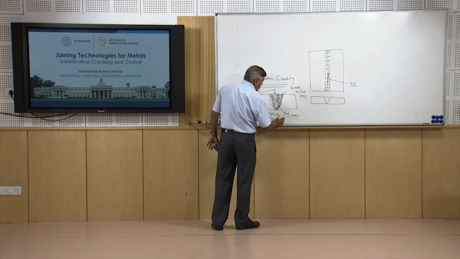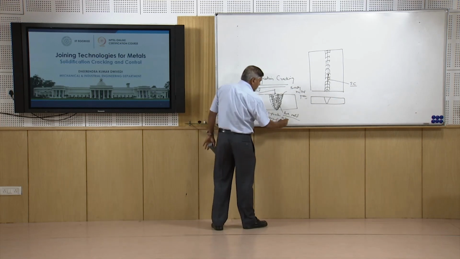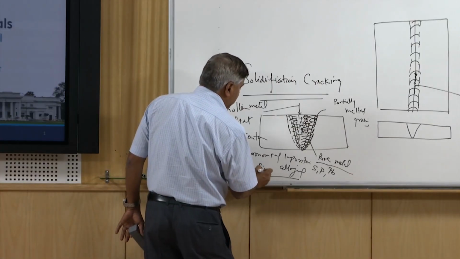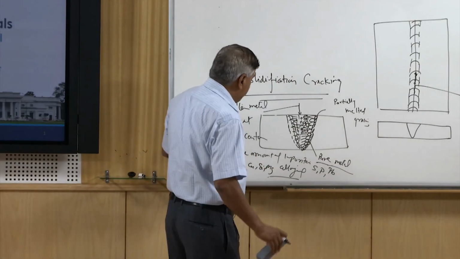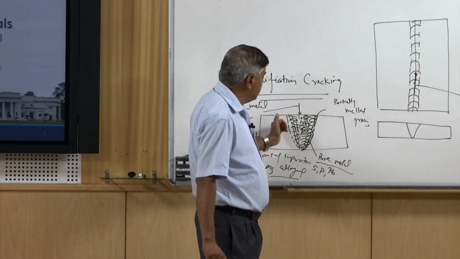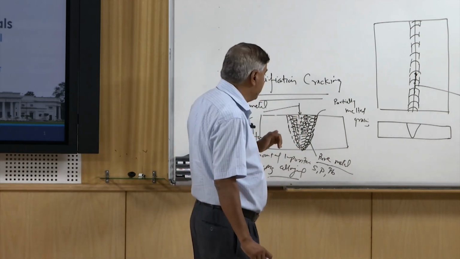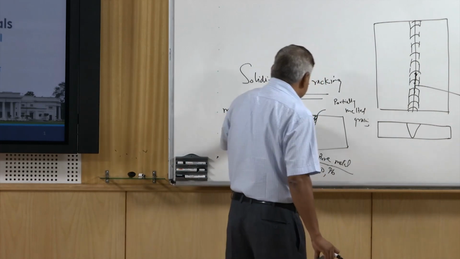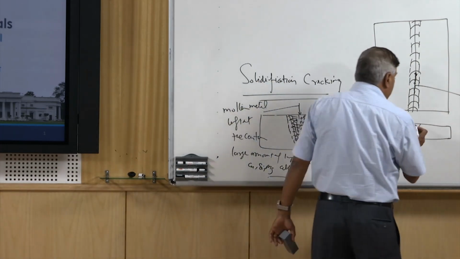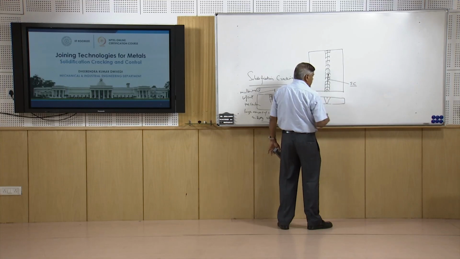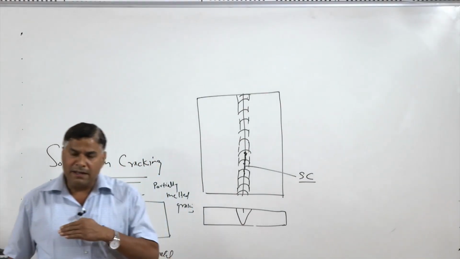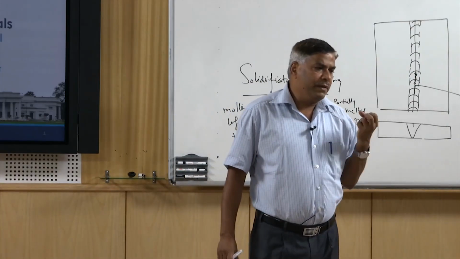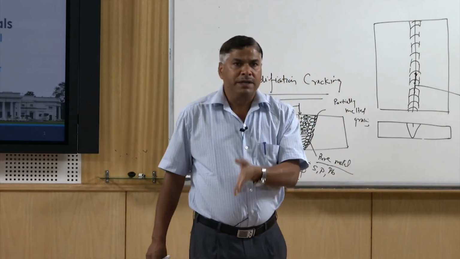Impurities like sulfur, phosphorus, lead, or alloying elements like copper, silicon, manganese, etc. So there is a continuous change in composition of the liquid weld metal during solidification, and what we have at the end is enriched with the alloying elements or impurities. We know that as the alloying concentration or the impurity concentration increases in any metal, its melting point decreases.